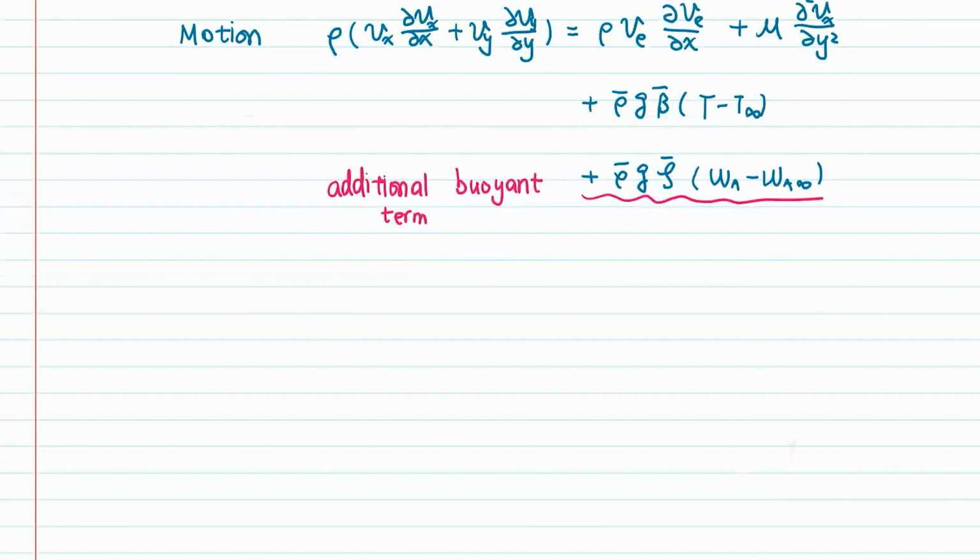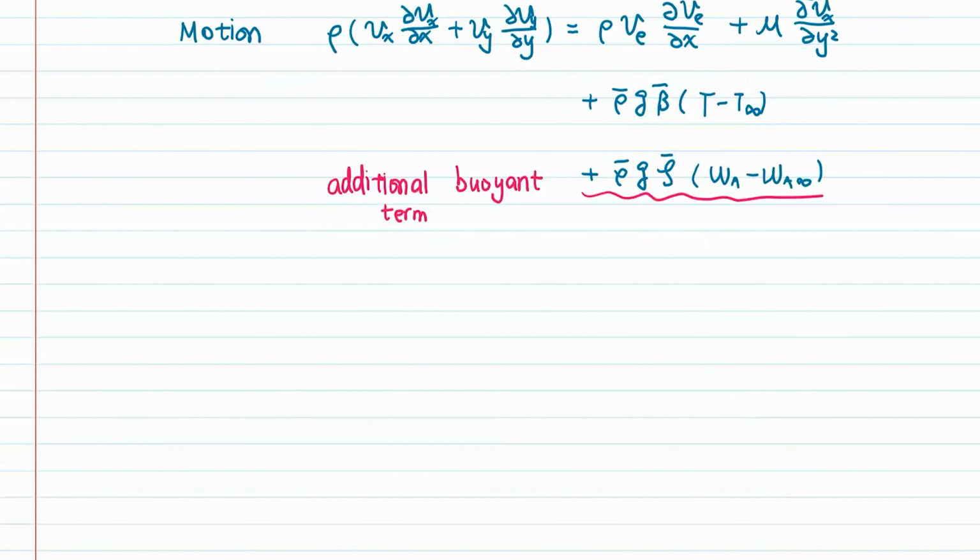Okay, and then we have the energy equation. The energy, we have rho Cp Vx partial T partial x plus Vy partial T partial y.